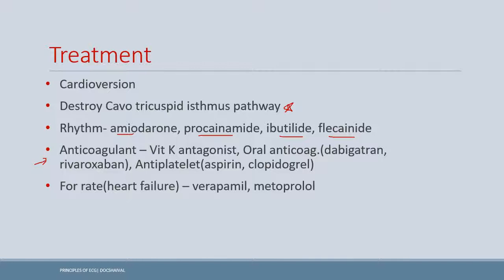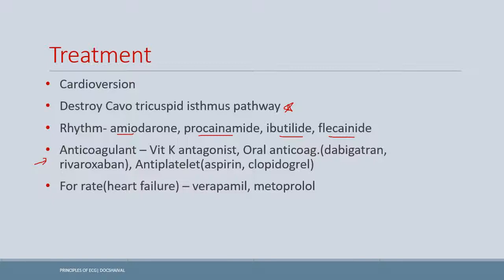I mean, there is no efficient contraction, and because of this the blood sort of stagnates in the atria, and the probability of clot formation would increase, and therefore that may also form an emboli, or that may also lead to stroke. So we use the vitamin K antagonist, then oral anticoagulants like dabigatran or rivaroxaban, and also we can use the antiplatelet drugs aspirin and clopidogrel to further prevent the thrombus.